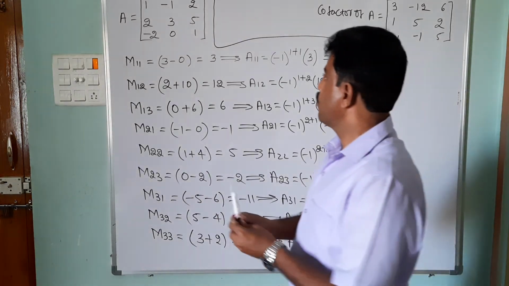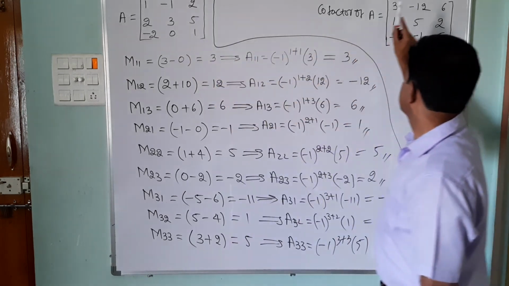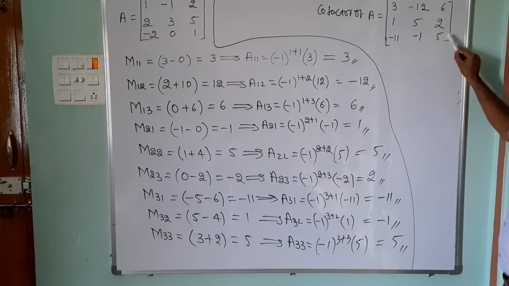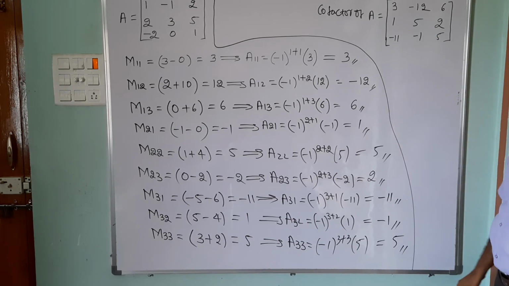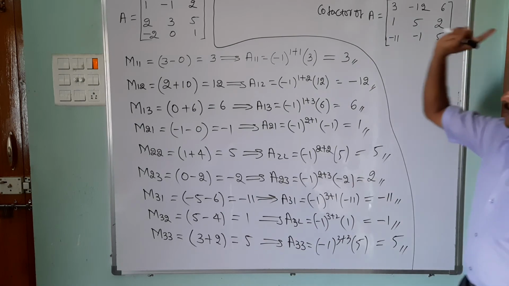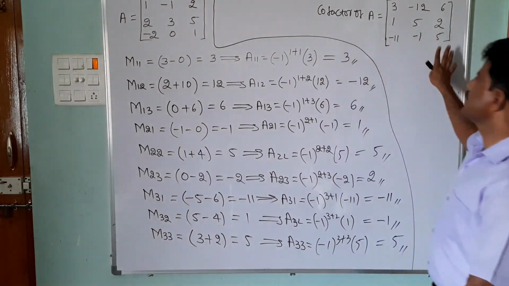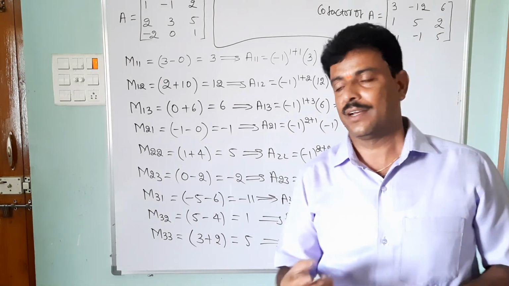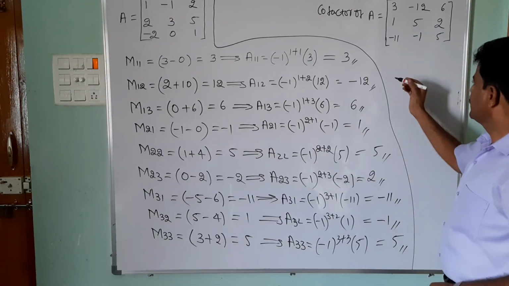What do you do? Cofactors of A is 3, minus 12, 6, 1, 5, 2, minus 11, minus 1, 5. Cofactors of 1, cofactors of minus 1, cofactors of 2, cofactors of 2 3 5 is this. Next I want the adjoint of A. When the adjoint of A is needed, I write here.